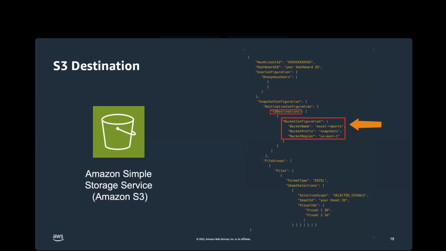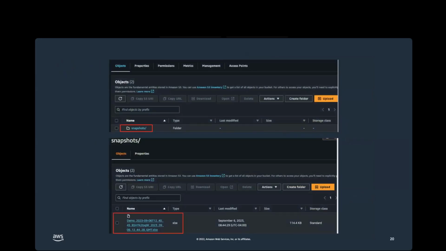If you specify a bucket prefix, then all the generated files will be stored in a newly created folder called, in this case, snapshots, in your specified bucket. And this is how it will look in your S3 bucket.